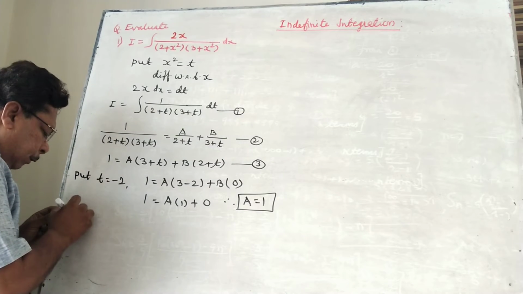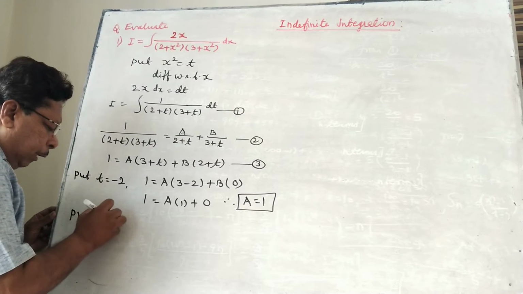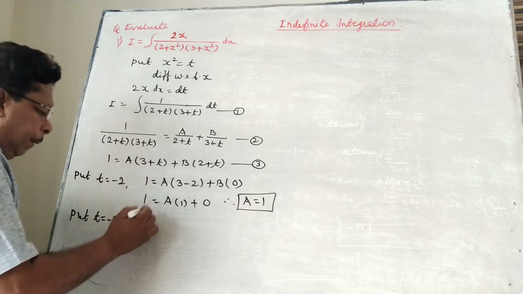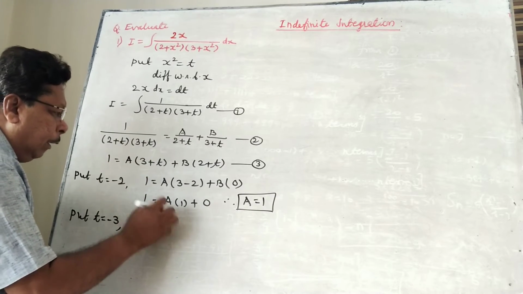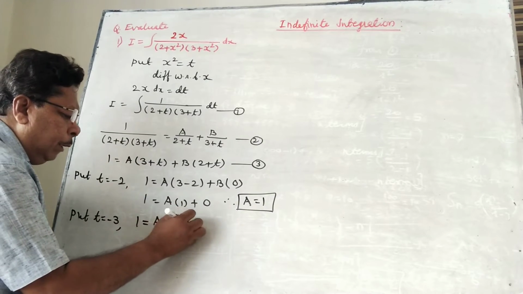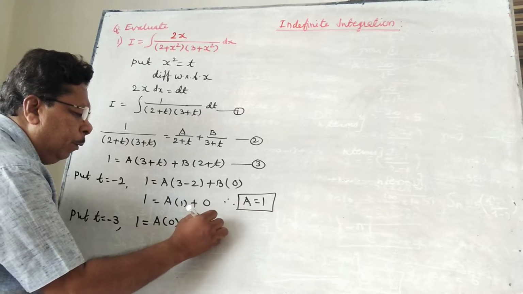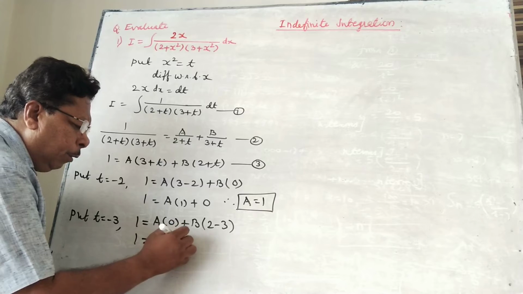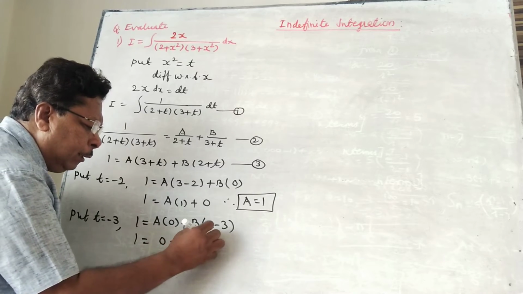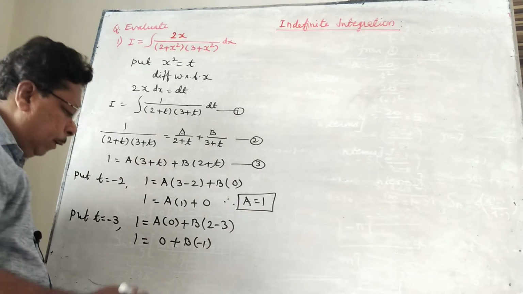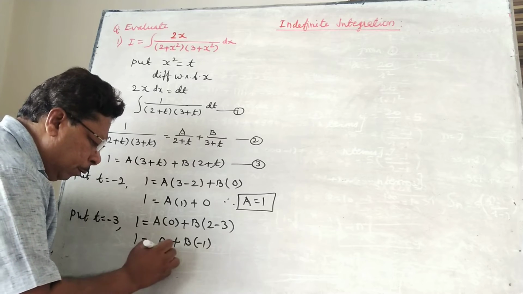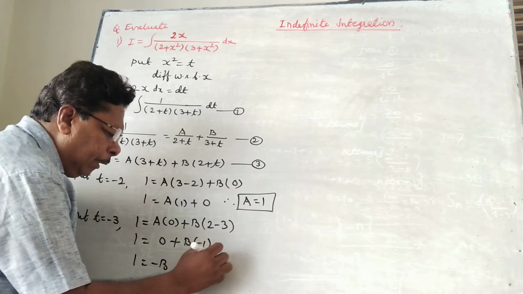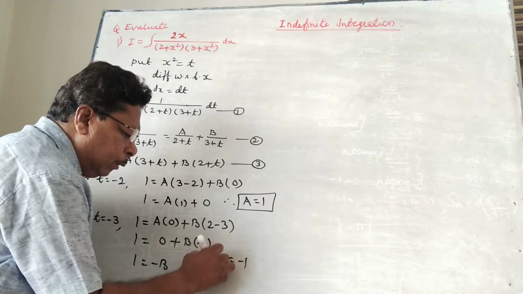Put t equal to minus 3 in equation 3: 1 is equal to a into (3 minus 3), that is 0, plus b into (2 minus 3). So 1 is equal to a into 0 plus b into minus 1. So 1 is equal to minus b, therefore b is equal to minus 1.